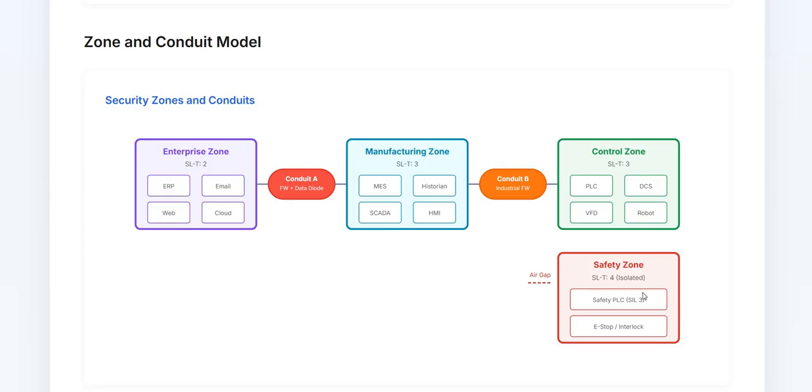And you see the safety zone. Finally, this zone stays isolated by design. Emergency stops and safety controllers do not depend on network availability. And the dashed line you notice represents an air gap, meaning no digital path exists at all. The logic is simple. If everything else fails, safety still functions.